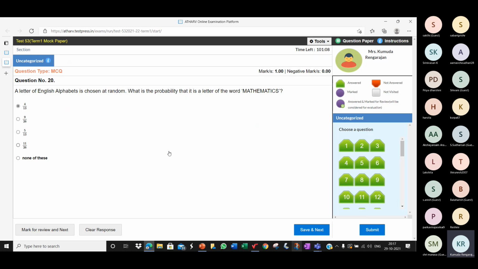What is the chance that the letter you pick is also a letter in the word mathematics? The word mathematics has 8 letters out of 26. So 8 by 26 is the probability, which is 4 by 13.